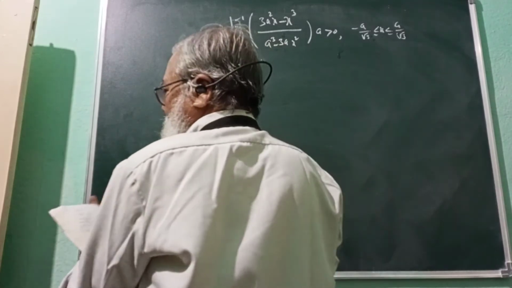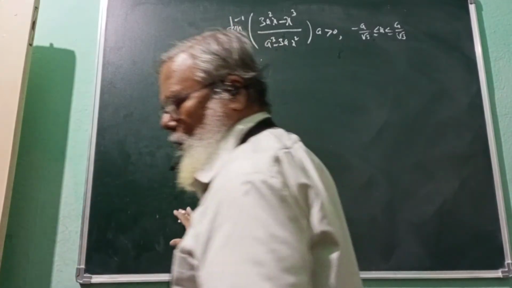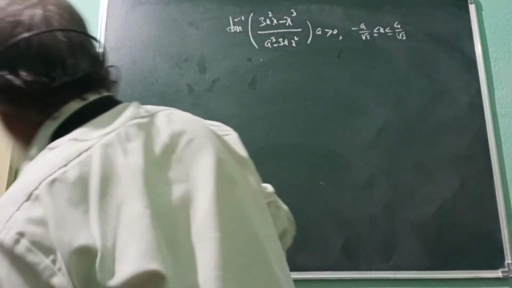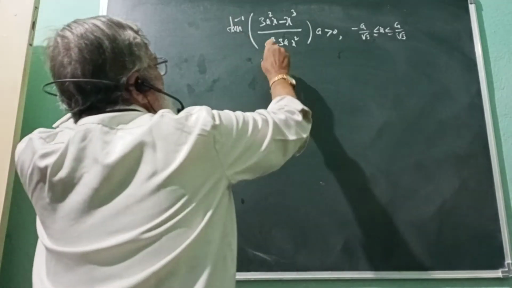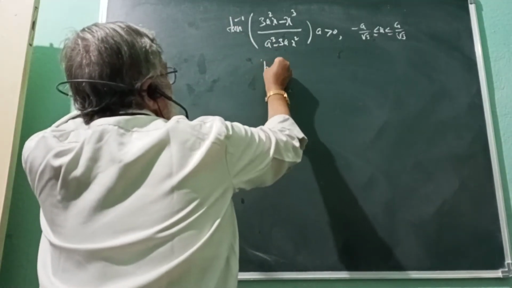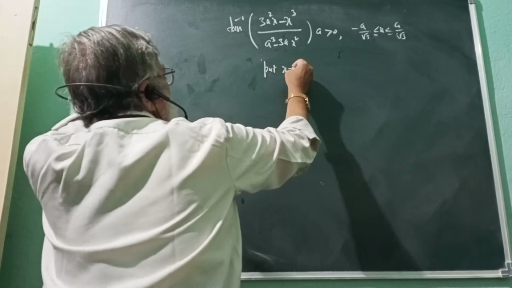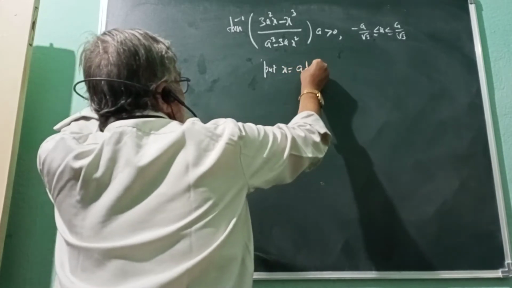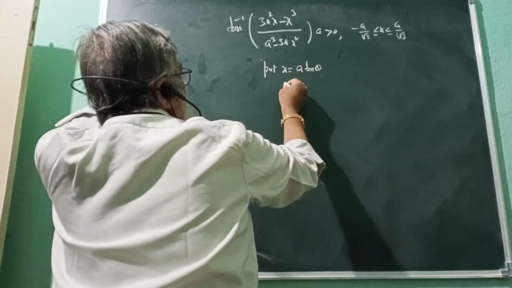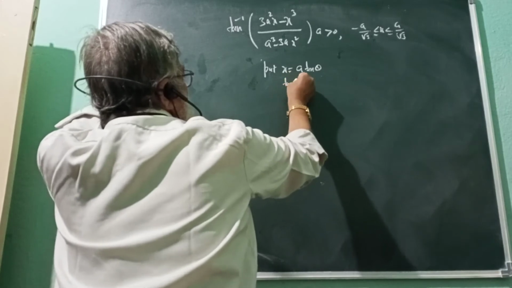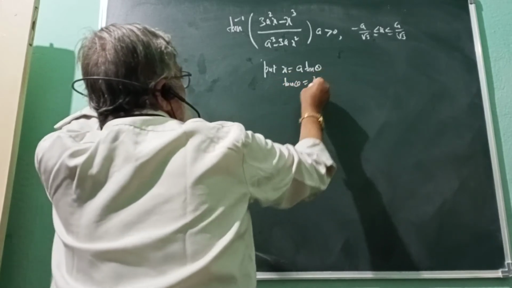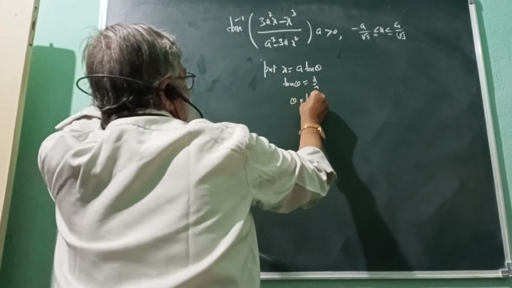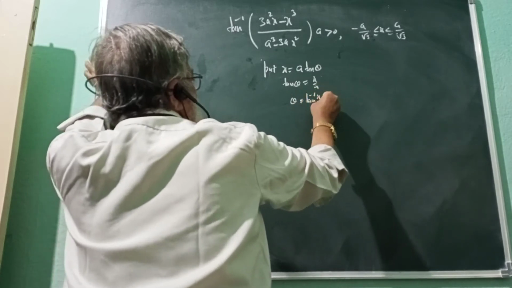These are the conditions for which the given problem holds. Now by looking at this, our substitution should be x is equal to a tan theta. Then tan theta is equal to x by a, or theta can be written as tan inverse of x by a.